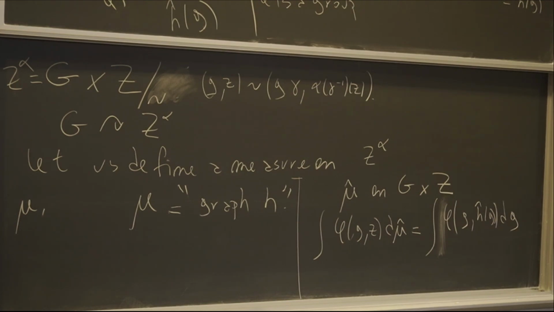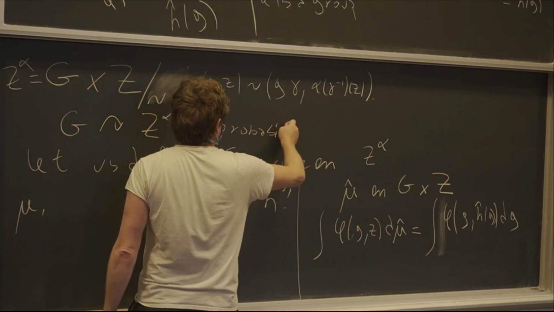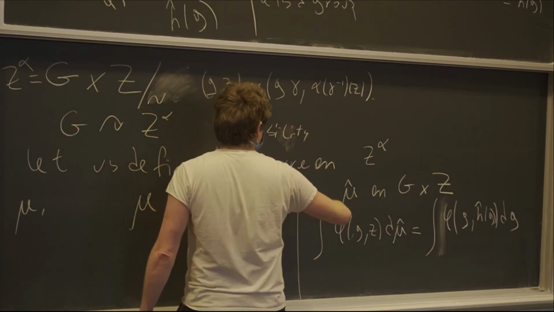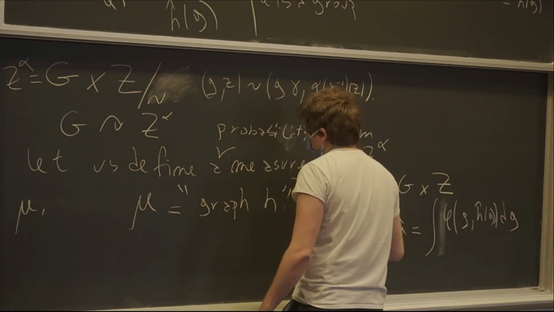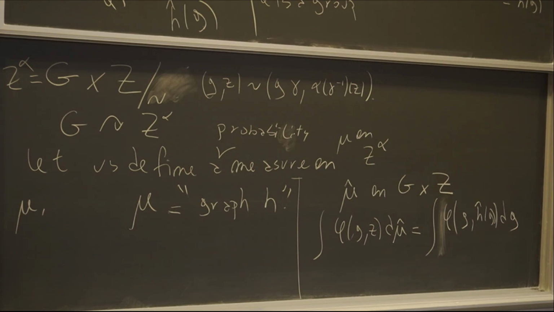So to prove it's closed, I'm defining this measure mu on this space, actually a probability measure, on C alpha. I define this mu hat there.